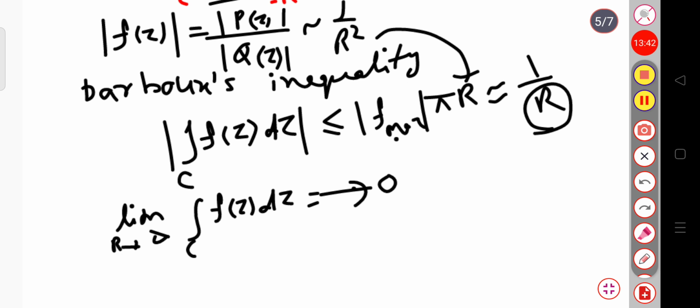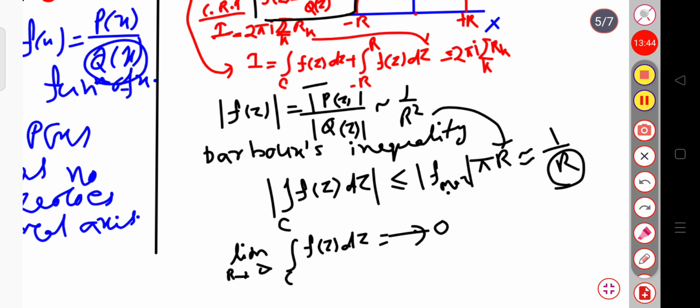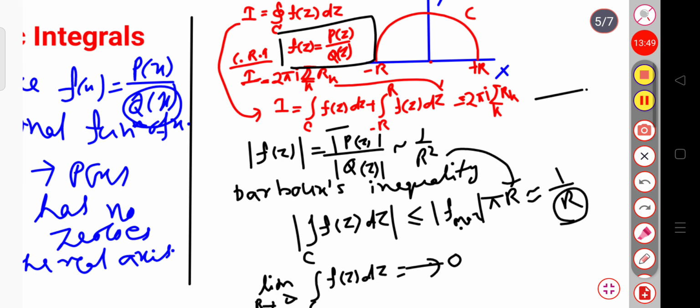So what is our main aim? Our main aim is to calculate the integration within the interval minus infinity to infinity, or we can say that for this total path we want to calculate.